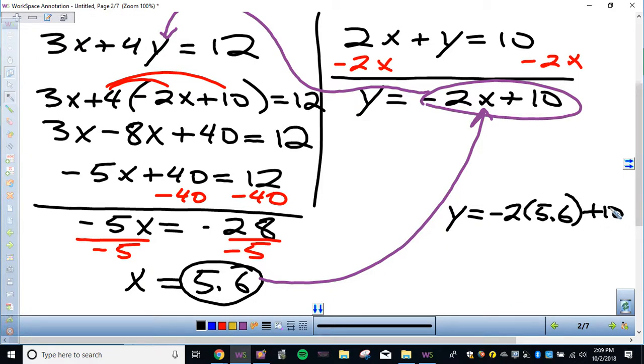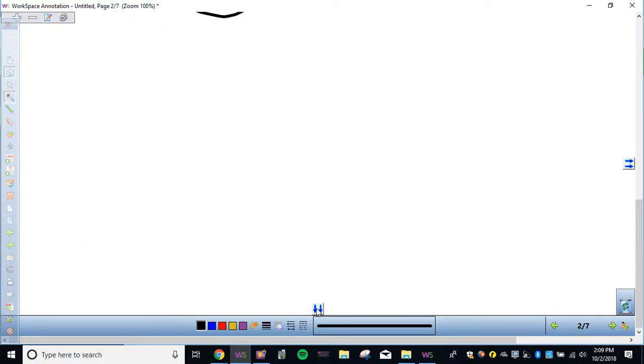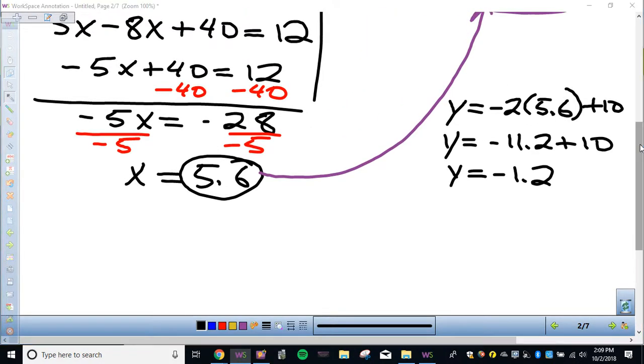What's 5.6 doubled? 11.2. So y equals negative 11.2 plus 10. What do I get? Negative 1.2. So it's a good idea to write your final answer as an ordered pair. 5.6 and negative 1.2.